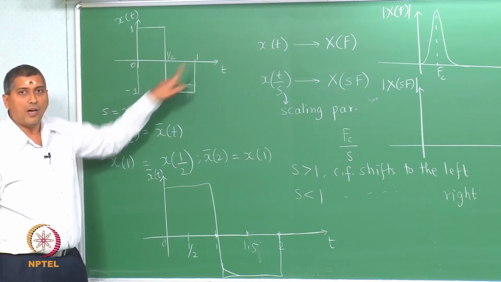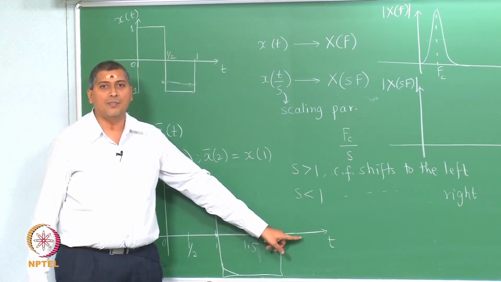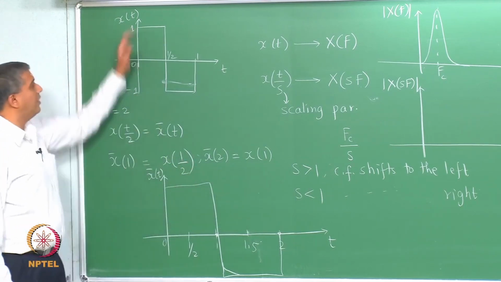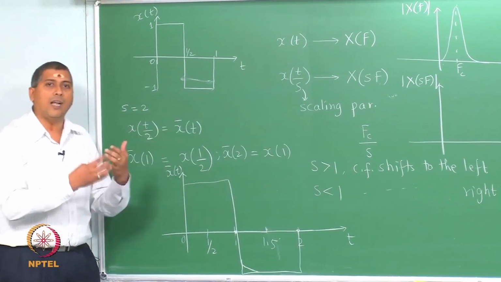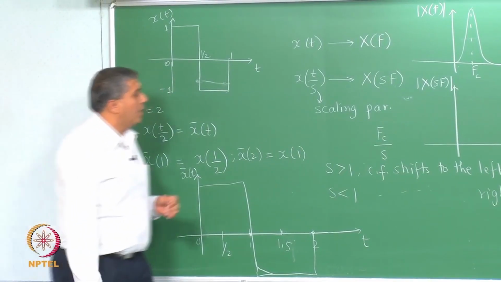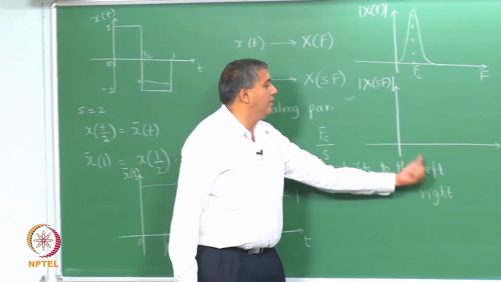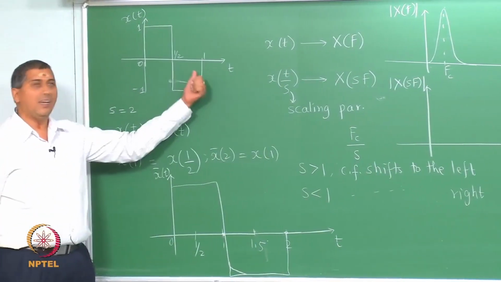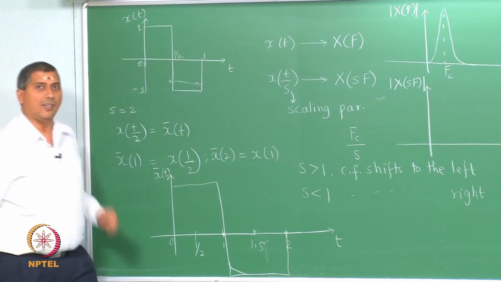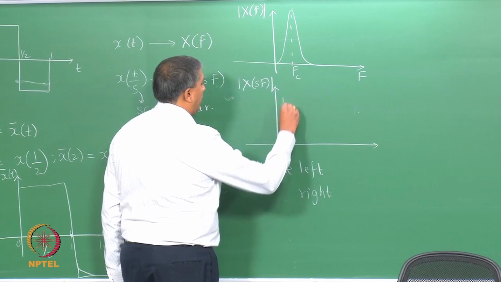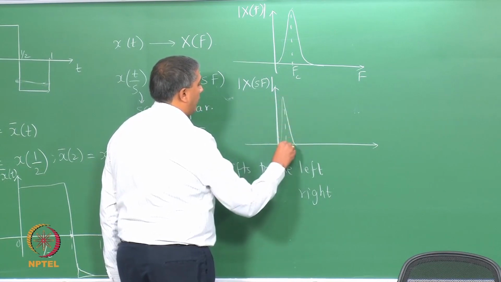So, this is changing fast, this is changing slowly. Whichever changes slowly we say it has low frequency, whichever changes fast has relatively high frequency, it is all relative to this original signal, nothing is absolute here, right. So, that is why the center frequency is shifting to the left, predominantly this is a low frequency signal relative to this signal here, and that is why I have a center frequency shifting to the left when s is greater than 1.